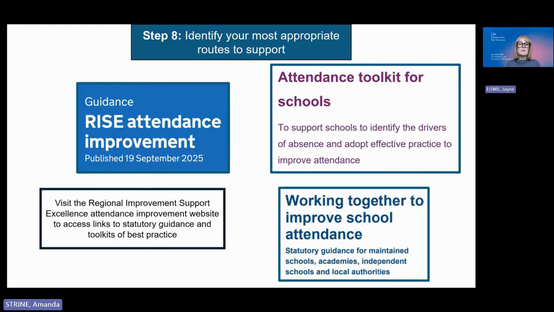So step 8 is all about considering the support available to you. And the RISE attendance improvement page brings resources and support available to you together in one place. And colleagues are going to paste a link to that page in the chat so that you'll be able to access it. And the page also includes a link to the attendance toolkit for schools, which is a really useful handbook for schools to draw on.